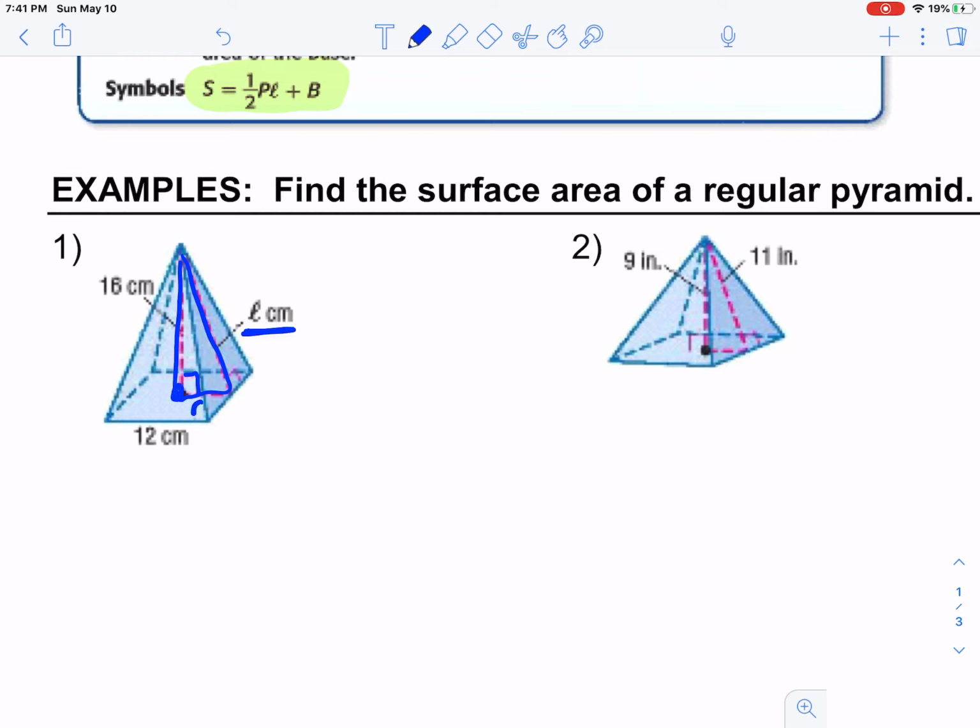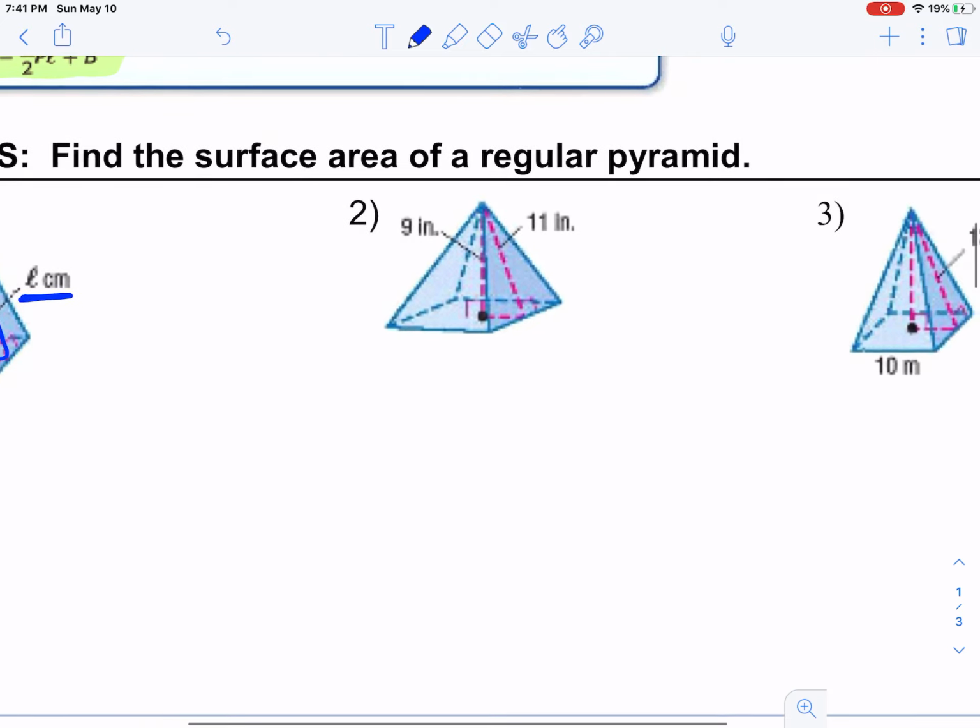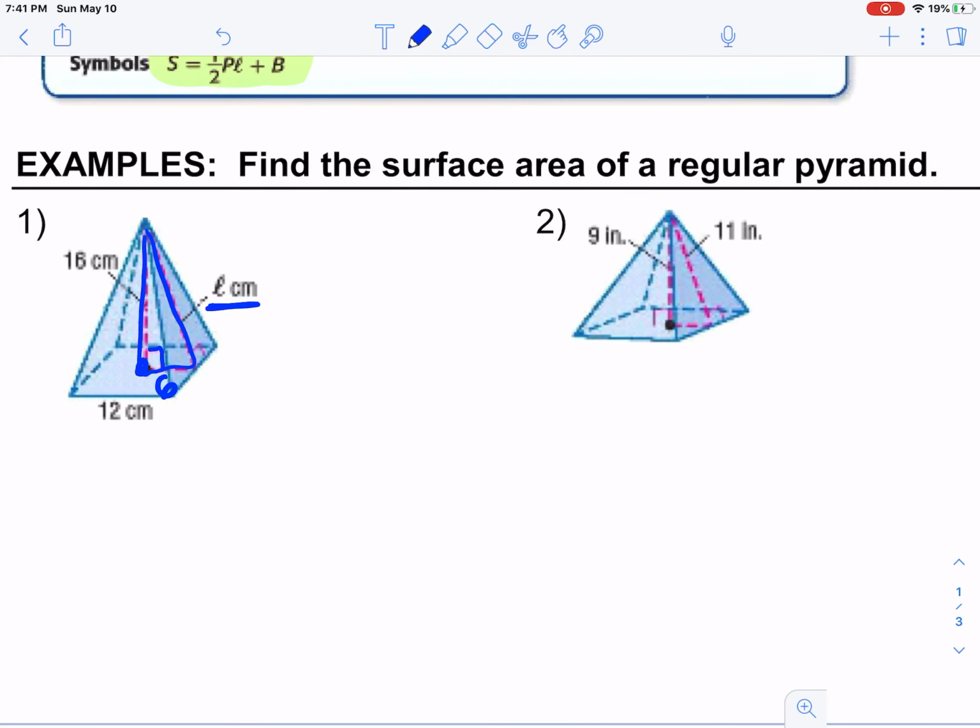So it's fair to assume that this length right here is going to be 6, considering we know the entire square's side length is 12. So we're going to go ahead and use Pythag to find our L. So I'm going to do 6 squared plus 16 squared is going to equal that slant height squared. And if we simplify that out, we're going to get the square root of 292.